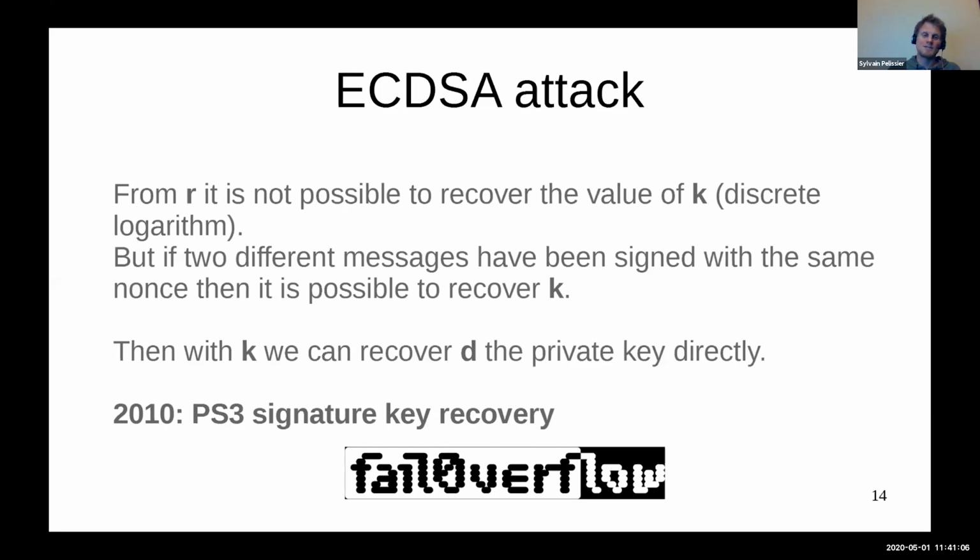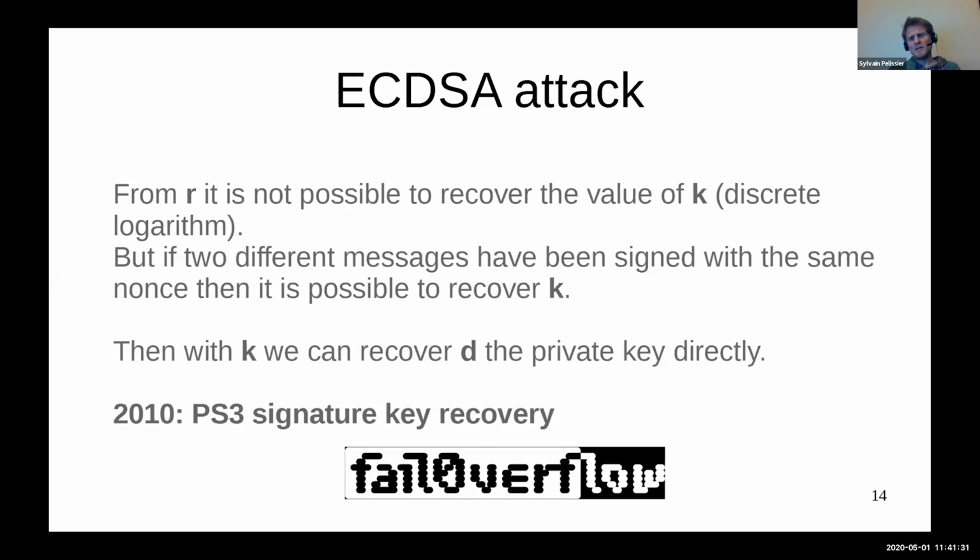However, if someone does not respect the security requirement, and two different messages are signed with the same nonce, then it's possible with a simple formula to recover the nonce. And as soon as the nonce is known, it's possible to recover the private key of the device, which is dramatic for security.